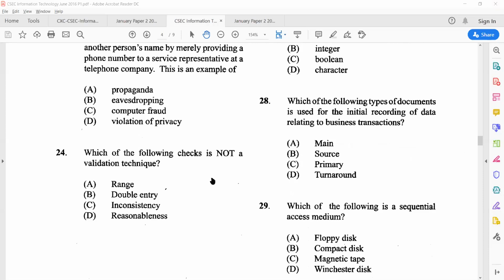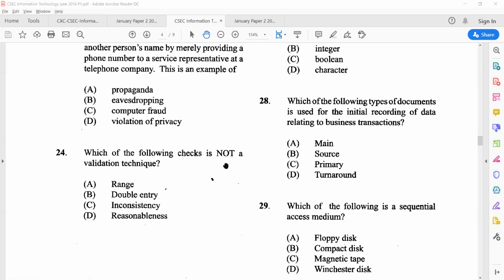All right, 24. Which of the following checks is not a validation technique? So we come back to validation and verification. You have the checks and you want to know which one is not a validation technique. So we have first the range check, right?